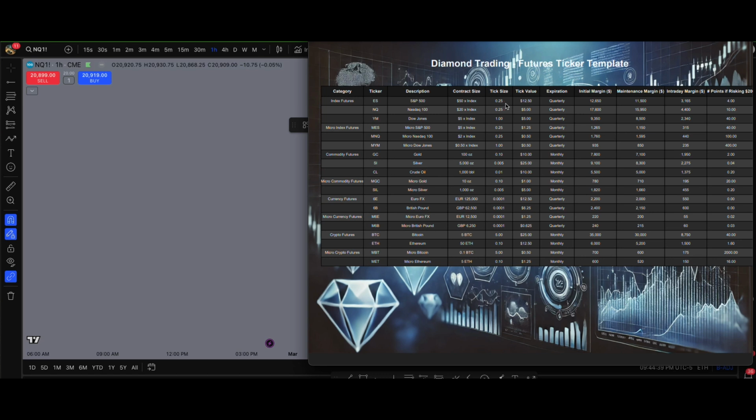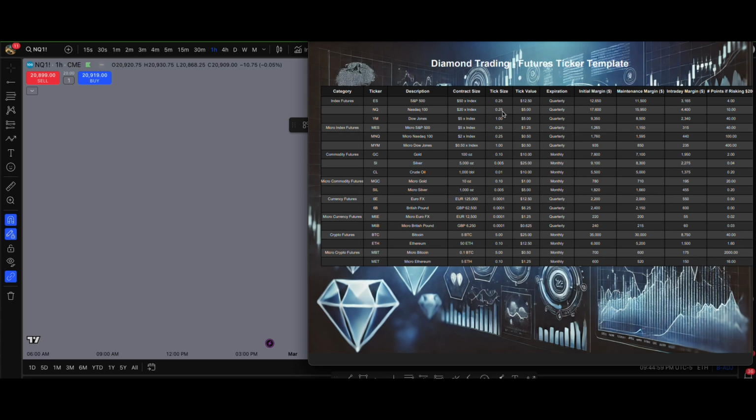Sorry, brain fart, guys. That's how it moves. And the tick value on the full size contract for ES is $12.50, so each time it moves 0.25, you're either making or losing $12.50.